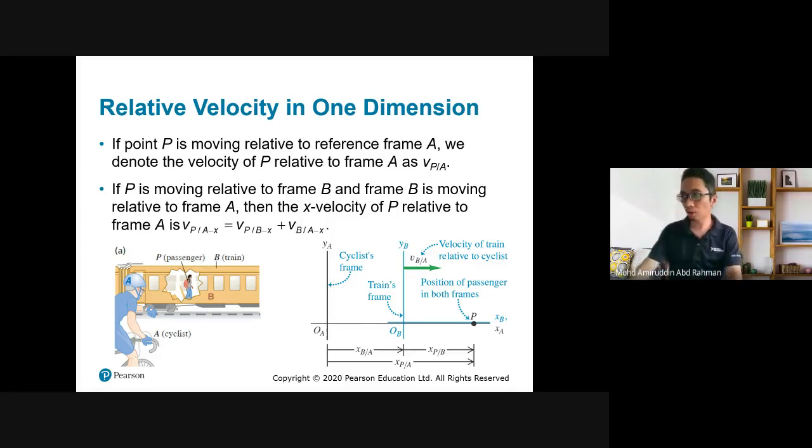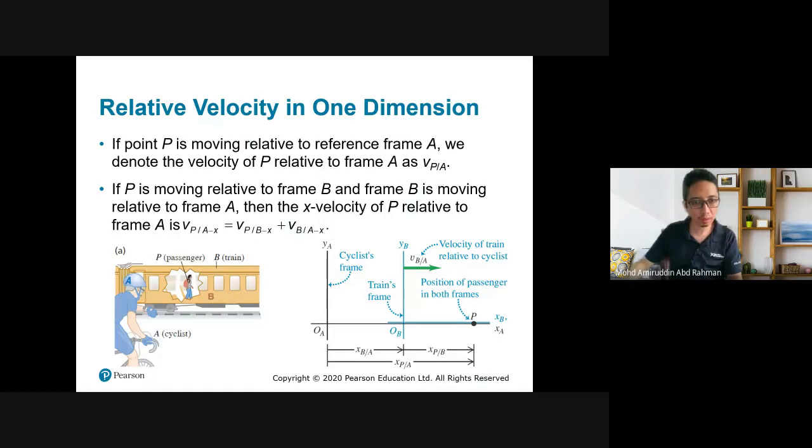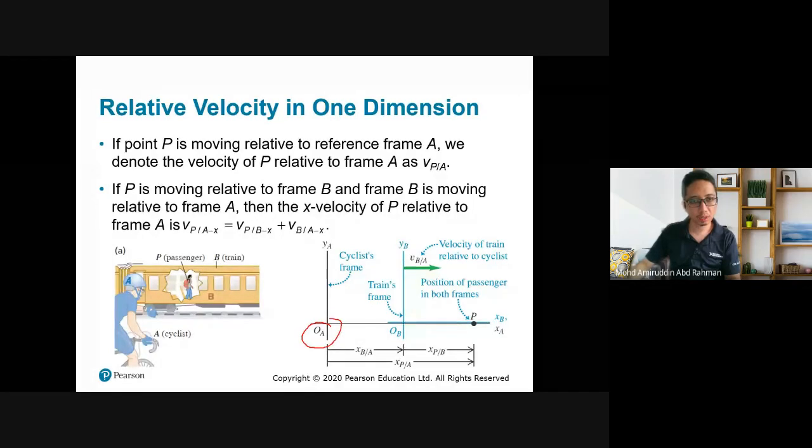All right, so we look at the graph. We have the original point OA, that's the cyclist's frame, and then we have OB, which is the original point of the train.